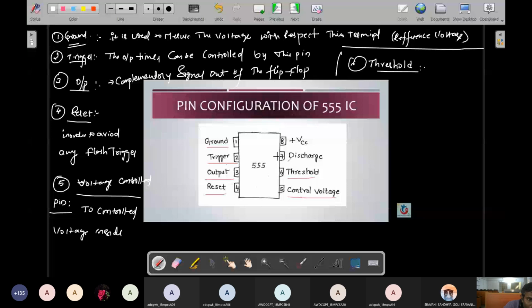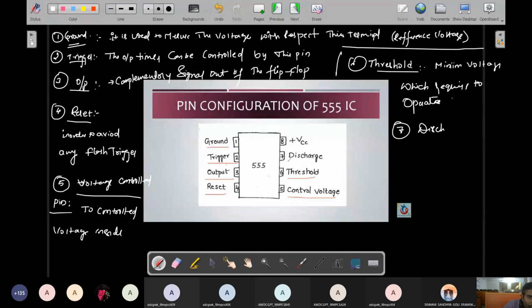They require some minimum voltage to function, so that is the threshold voltage. This is called the minimum voltage which is required to operate the device.